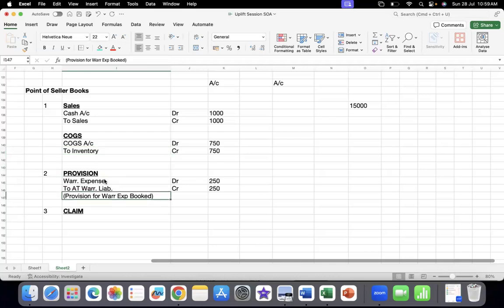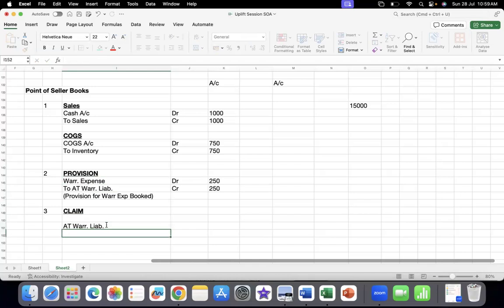So when you're claiming the warranty, because you have a liability already created in the books of accounts, you reverse this liability. You put assurance type warranty liability account debit, and then you either pay him cash, because if the TV is not recoverable, if it is not something which you can repair as of now, you can always give him cash, or you can replace it with another television or another product.